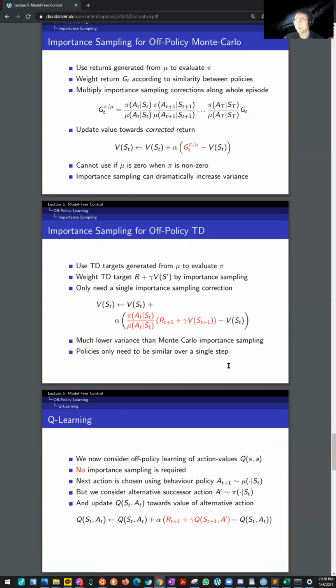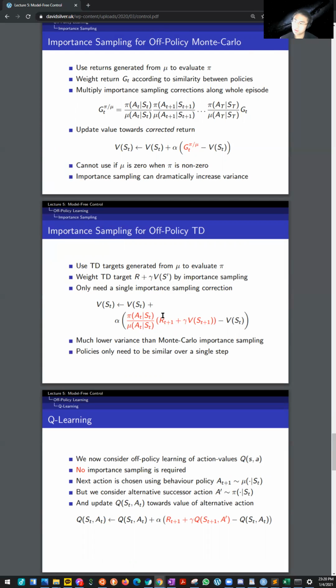So in this case, we could also apply importance sampling to temporal difference learning. Here we only use one weight, so we don't have to multiply several terms, but still we have to figure out how much the target policy and the behavior policy match.